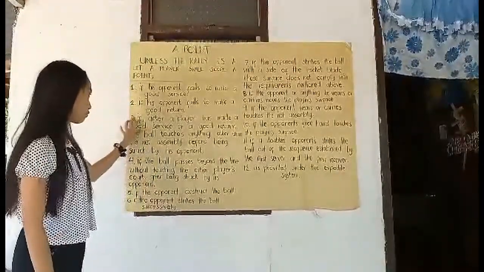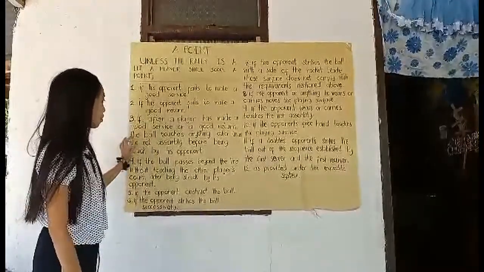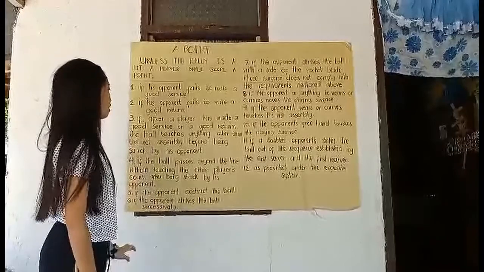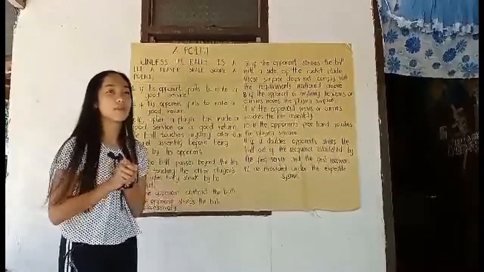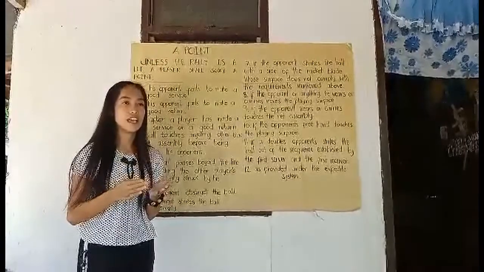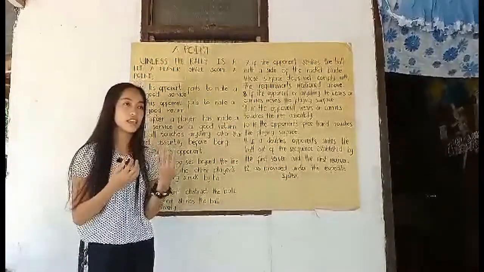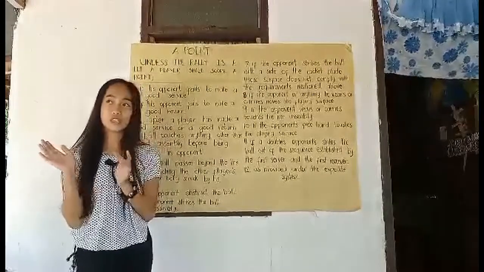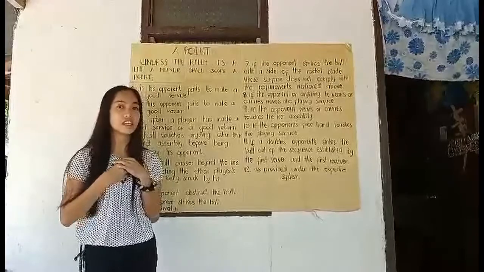Third, if after a player has made a good service or a good return, the ball touches anything other than the net assembly before being struck by his opponent. So for example, I serve and then the ball is touched by something or anything before it is struck by my opponent, it is considered as my opponent's point. 4.